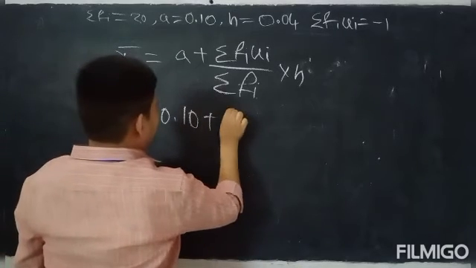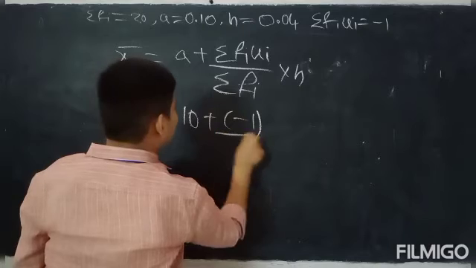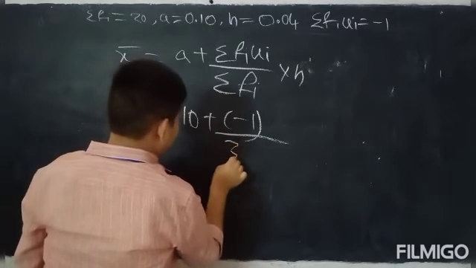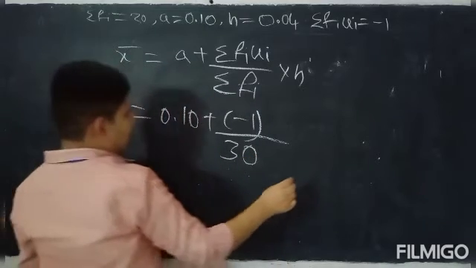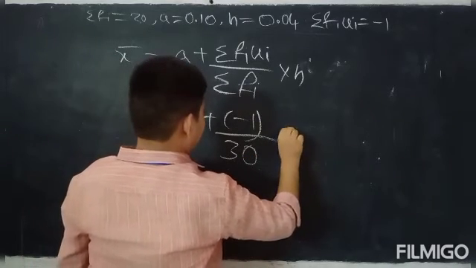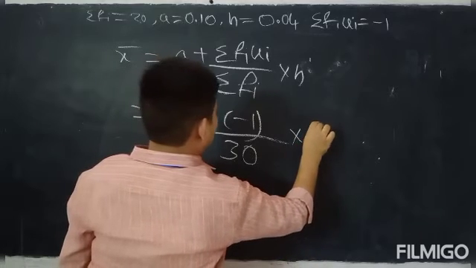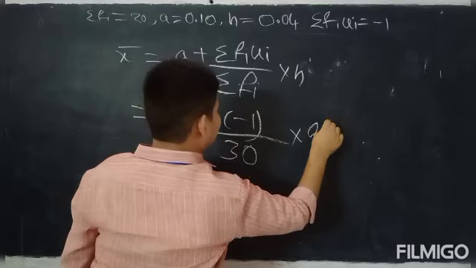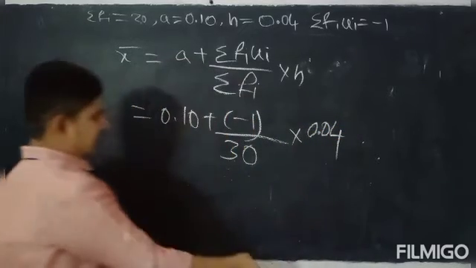Minus 1 by 30, into 0.04. Okay? This is the value.